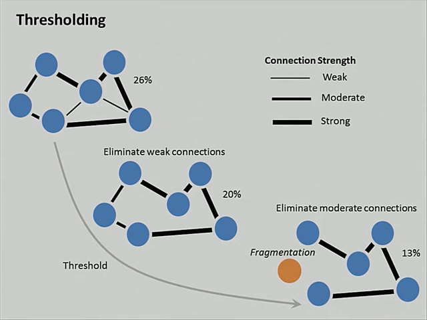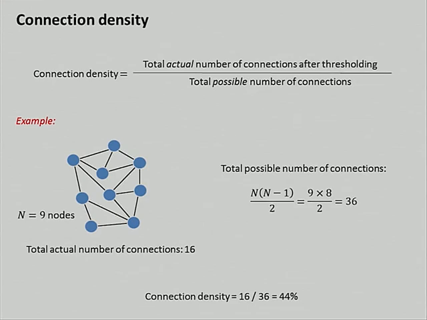Then we can do one further step where we eliminate the moderate connections as well, and we arrive at a connection density of 13%. Note that once we keep only the strongest connections, we end up with a fragmented node, a node that's disconnected from the rest of the network. This can present problems in further graph analysis, and so in a moment, I'll present some methods that can avoid this issue of fragmentation.